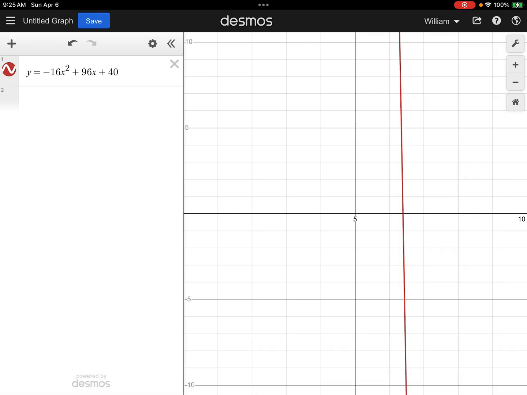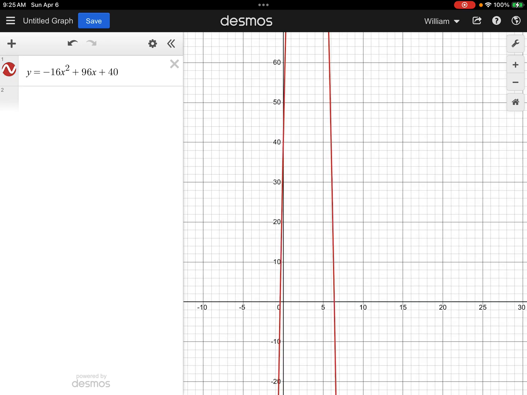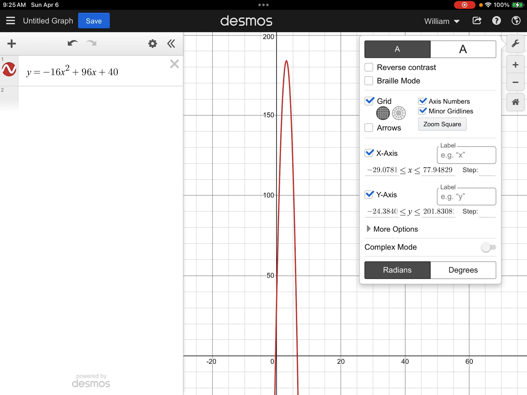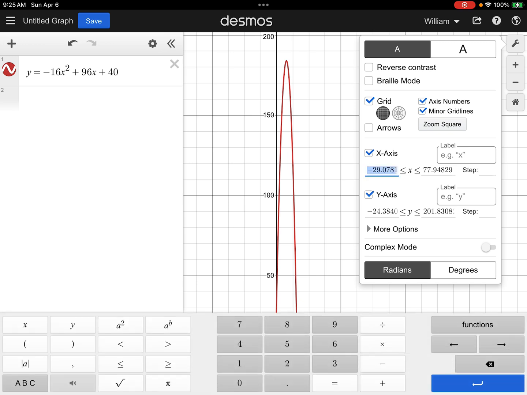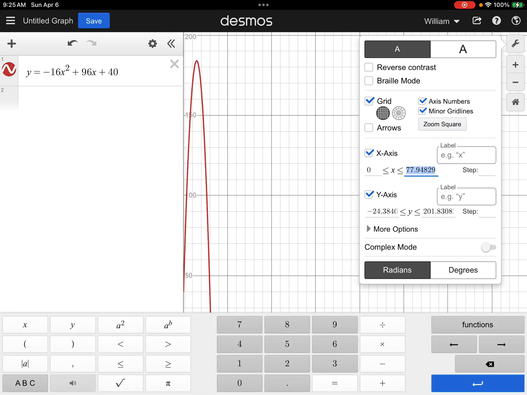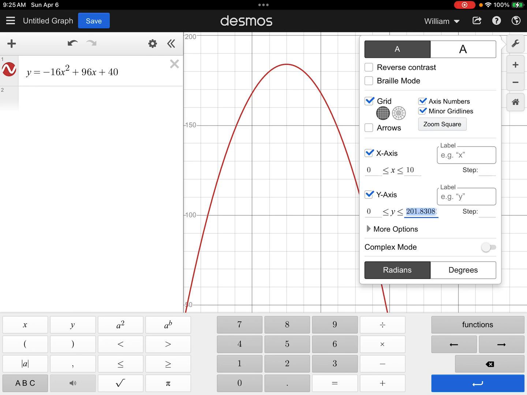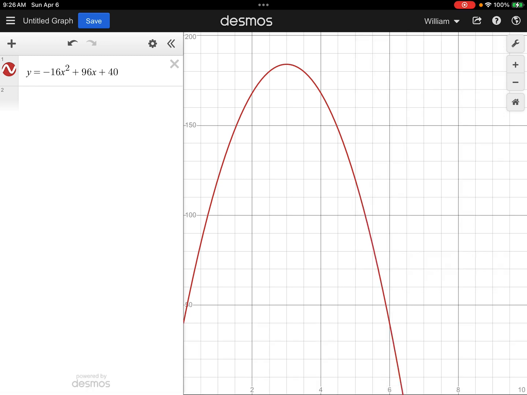I am terribly absent-minded, so 184. Okay, let's click on that wrench again. So I'm going to go from 0 to 10, and I'll go from 0 to 200. 201 sounds about appropriate.